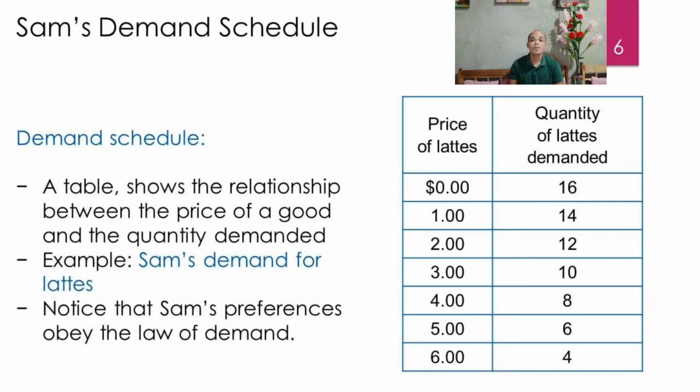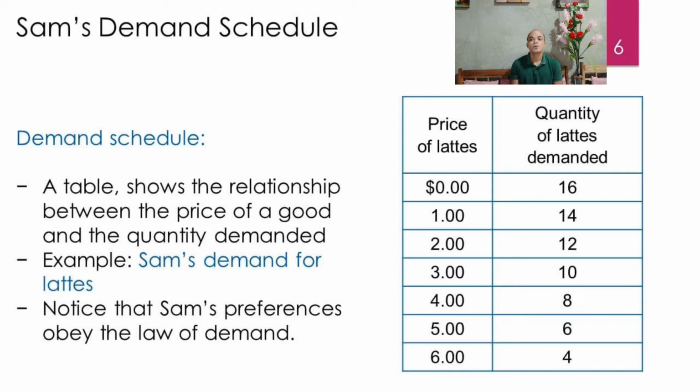So let me give you an example of a demand schedule. On the right side, you see there are two columns: the first column is the price of lattice, and the second column is the quantity of lattice demanded. Let us have Sam's demand schedule. The demand schedule shows the relationship between the price of the good and the quantity demanded. You cannot make a demand curve without first having the demand schedule.